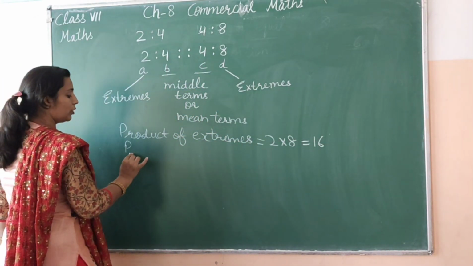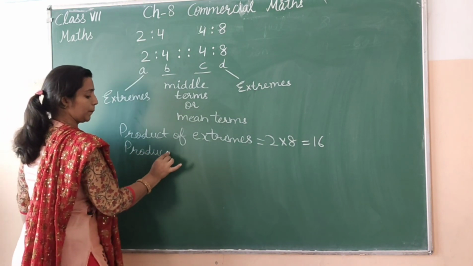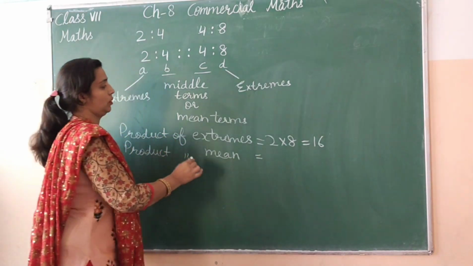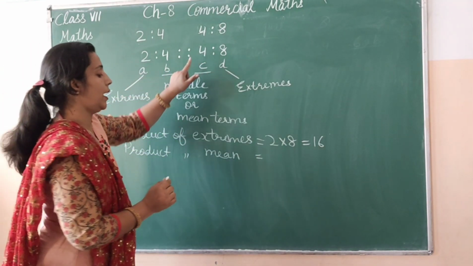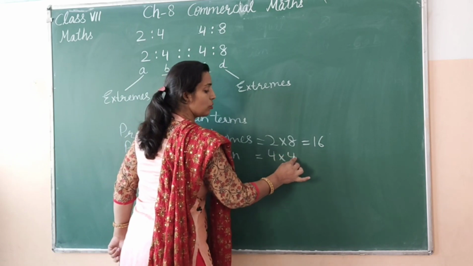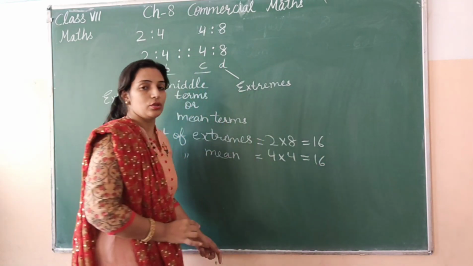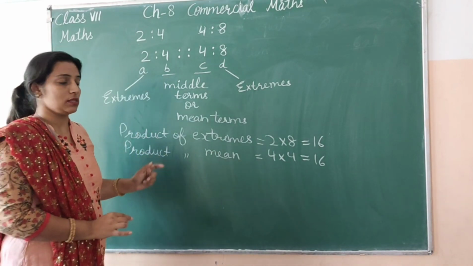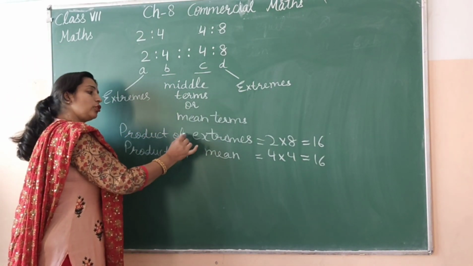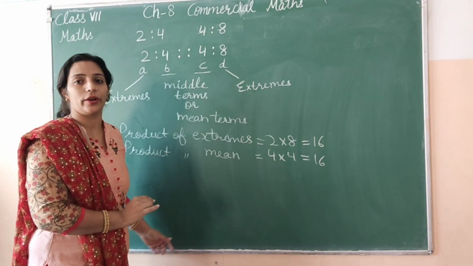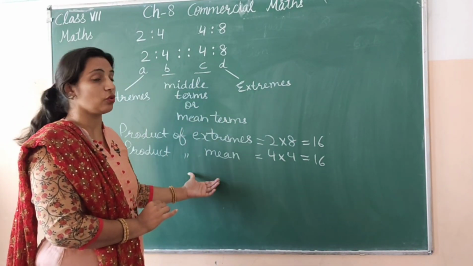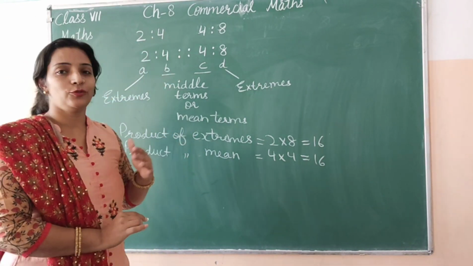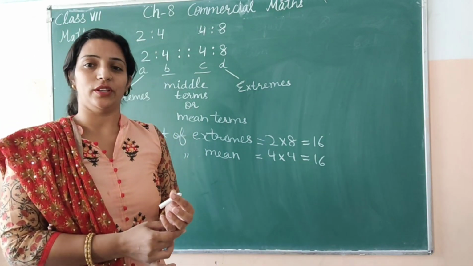And the product of means, what are the mean terms or middle terms? 4 and 4. 4 multiply 4, that is also 16. So when the terms are in proportion, it will always be that the product of extremes is equal to the product of means, and on the basis of this we have done many questions in class 6 also, and today also in our exercise 8.1 we will do. Okay?